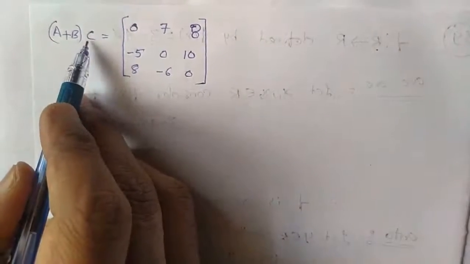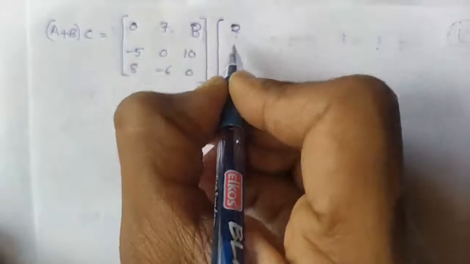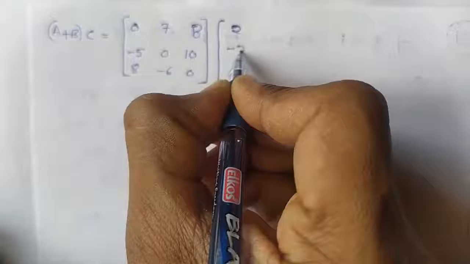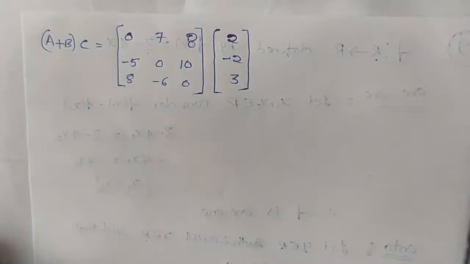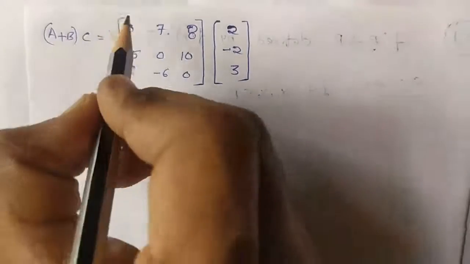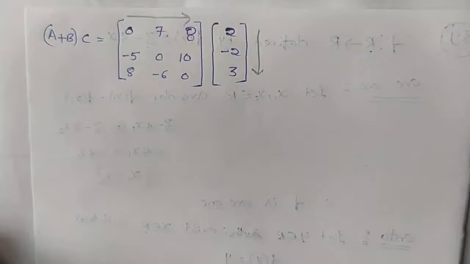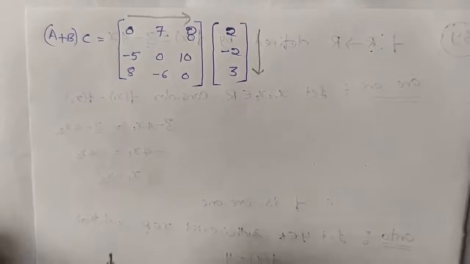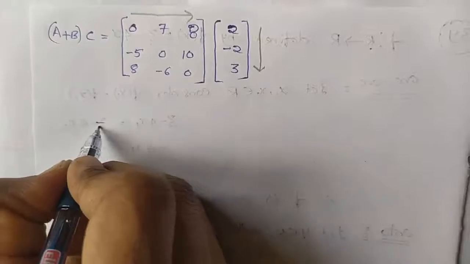Similarly, write the matrix C. Matrix C is given in the question. See the question and write 2, minus 2, 3. Now apply matrix multiplication.